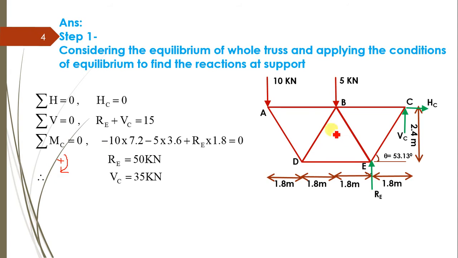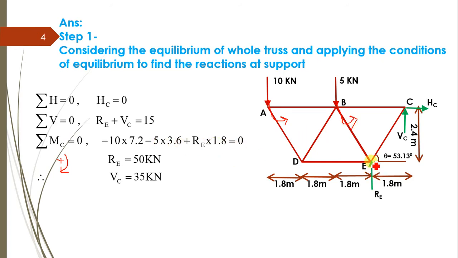Here the 10 as vertical force, the perpendicular distance AC equals 1.8 plus 1.8 plus 1.8 plus 1.8, that is 7.2, and the nature of moment is anticlockwise, so minus 10 into 7.2. The next force 5, perpendicular distance is 1.8 plus 1.8, 3.6, and the nature of moment is again anticlockwise, therefore negative, so minus 5 into 3.6.